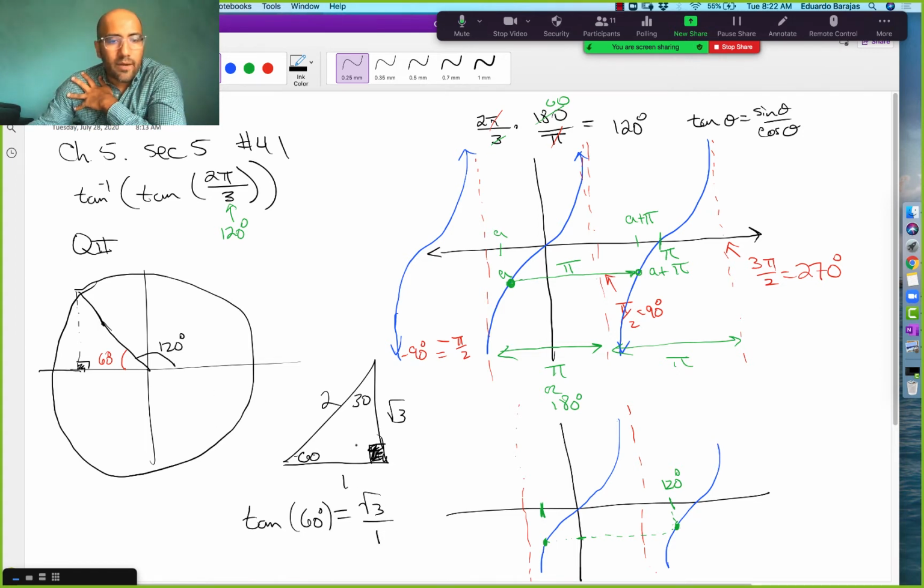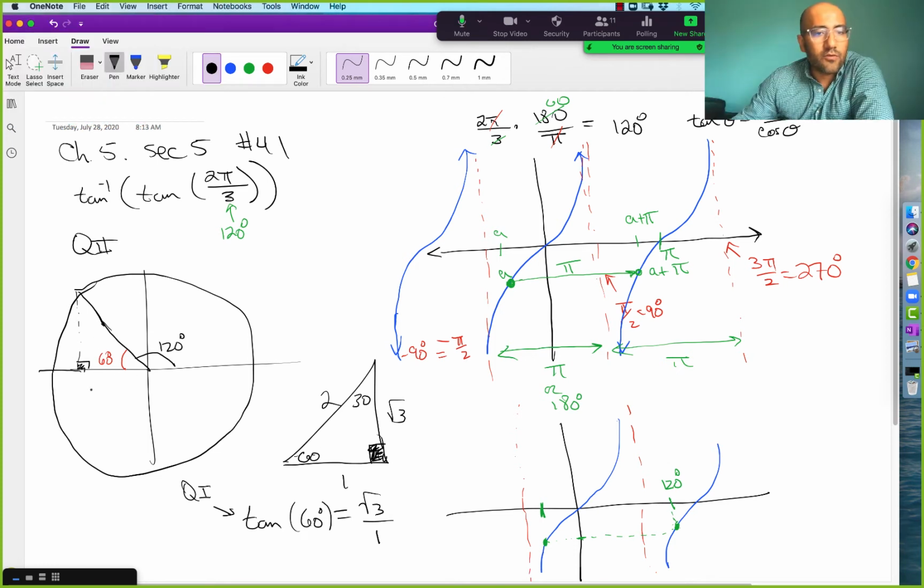Okay, but in quadrant 1, right, in Q1. But now in quadrant 2, tangent is going to be rise over run, opposite over adjacent. And opposite is the y, which is going to be positive, but the x is negative. So tangent is negative in quadrant 2.